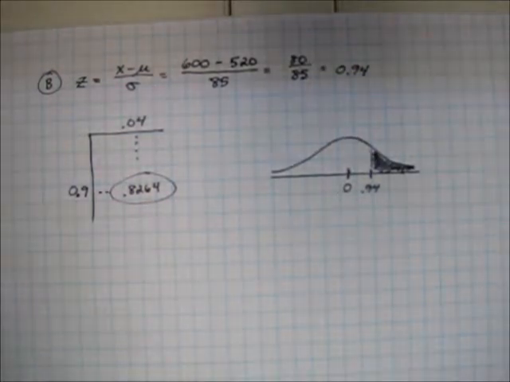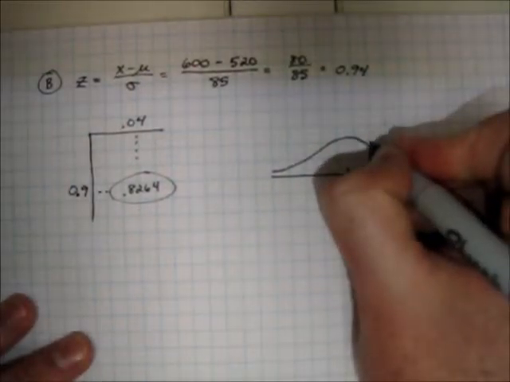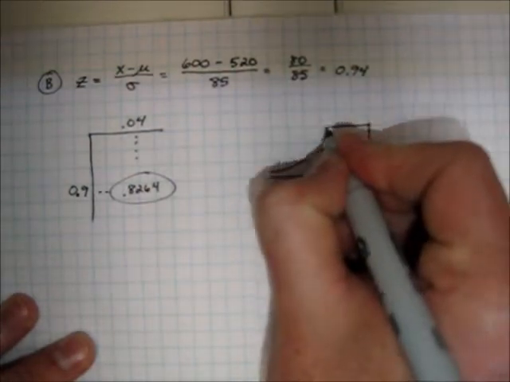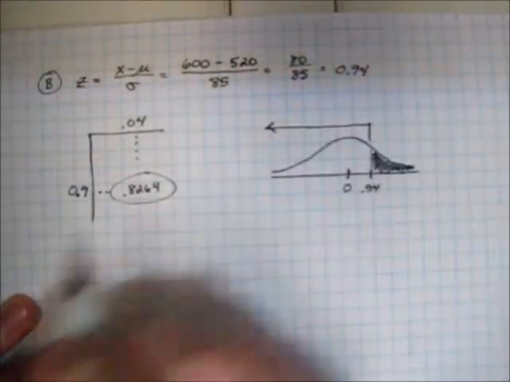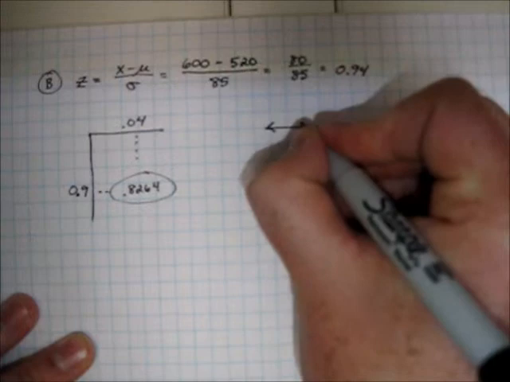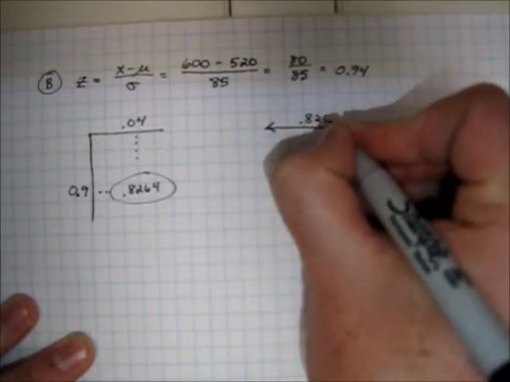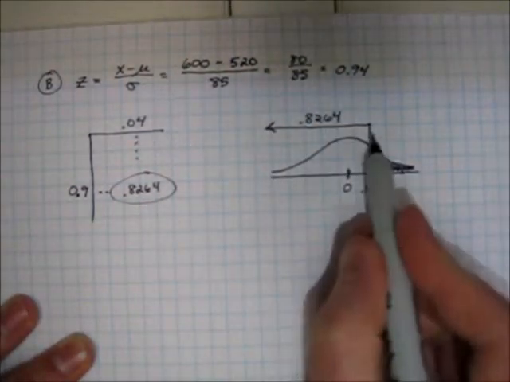Now, that's not our answer to this problem. The z-score table always tells you area to the left, even if you don't care about area to the left. So after we looked at that z-score of 0.94, we find that 0.8264 is to the left.